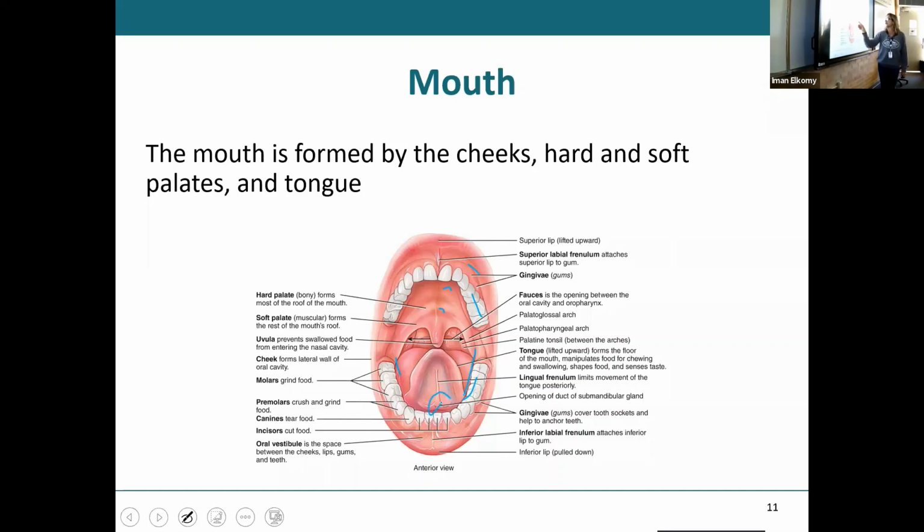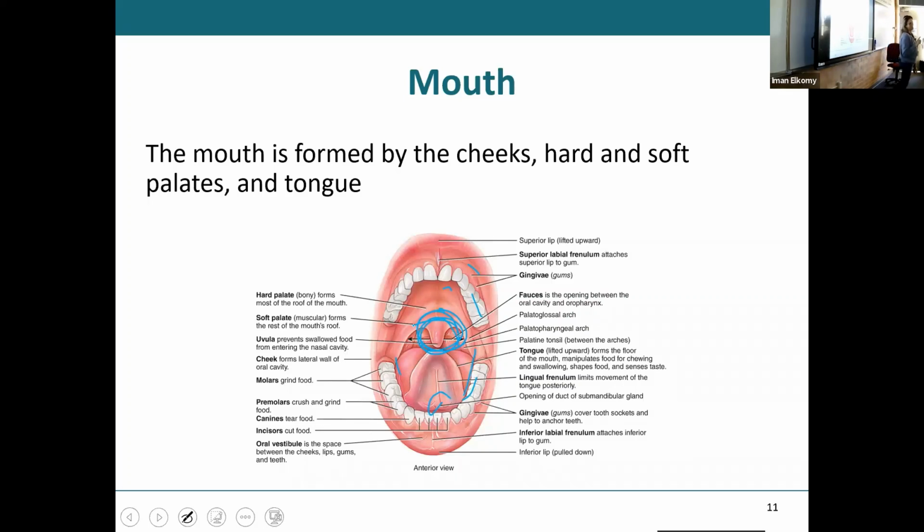You have the little dangly thing in the back of your throat. Y'all know what I'm talking about. Right here, the little dangly thing in the back of your throat, that is called the uvula.